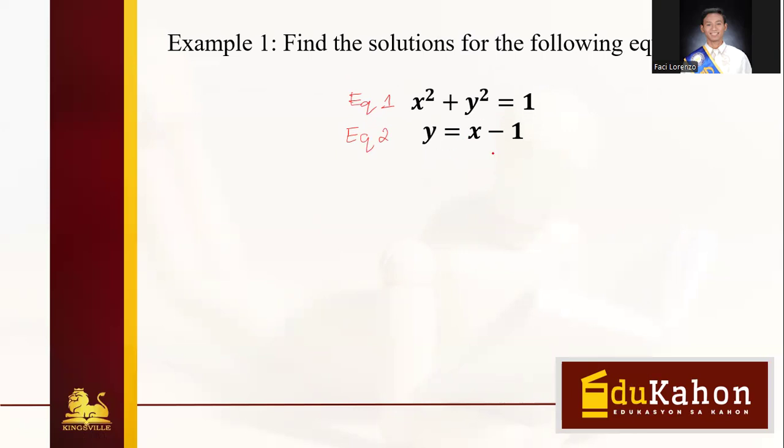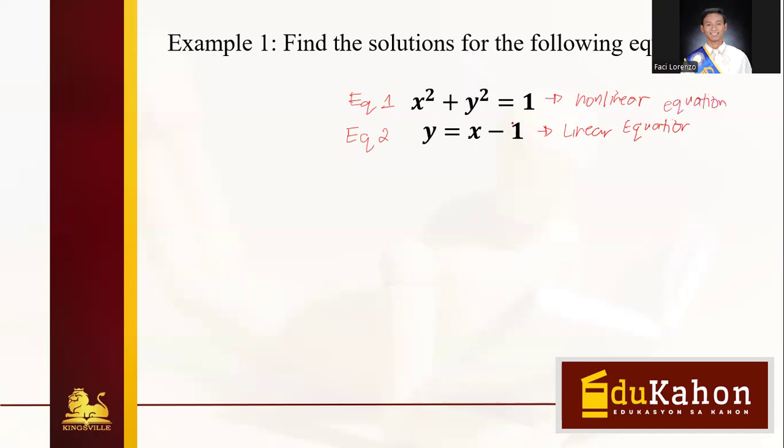Since the exponents of the variables are all equal to 1 for equation 2, this is what we call a linear equation. While equation number 1 is what we call a nonlinear equation because it is an equation for a circle.